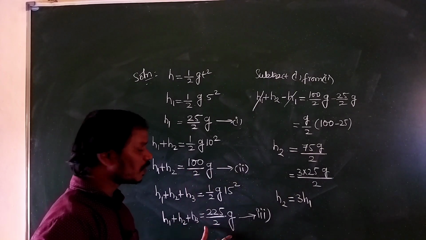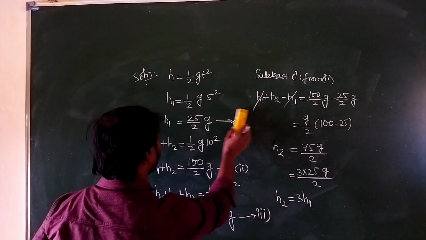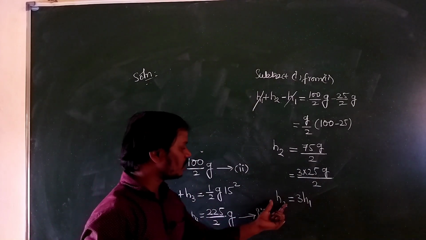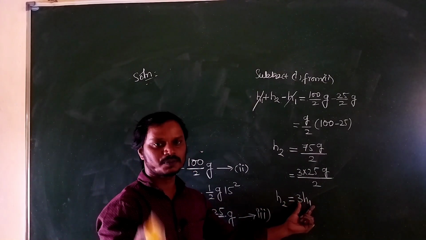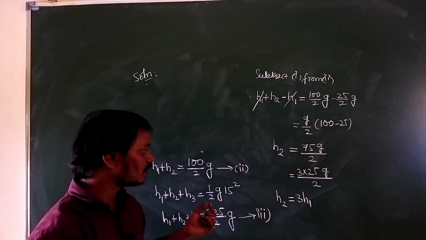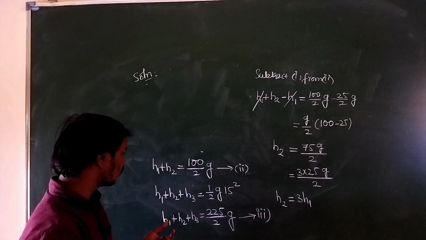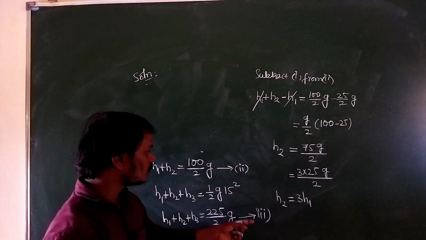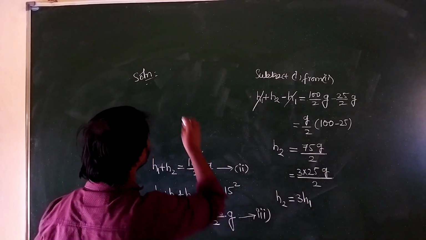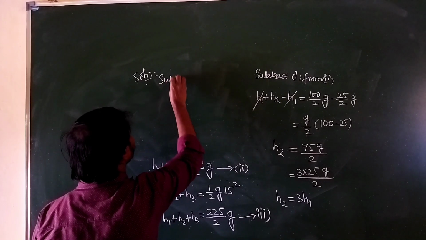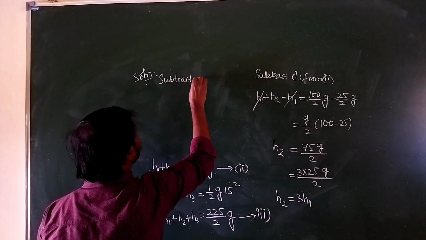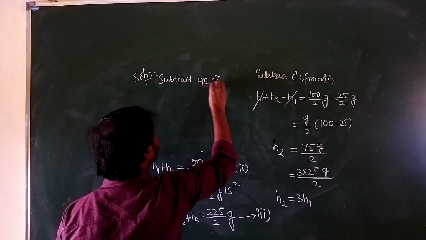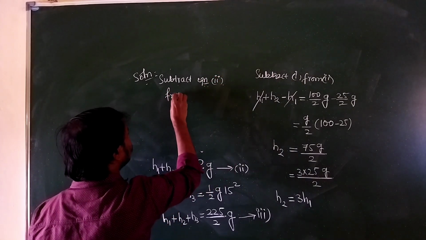Subtract equation 2 from equation 3. In order to get the relation between h3 and h1, we are going to subtract equation 2 from 3.